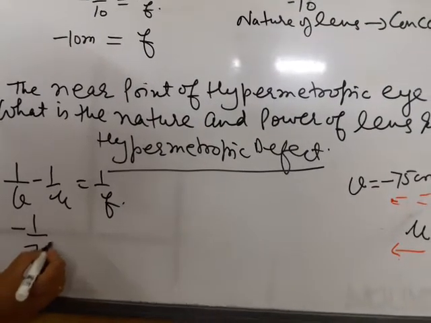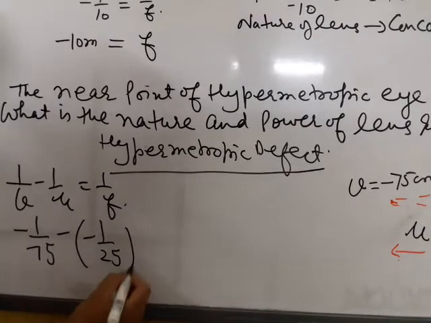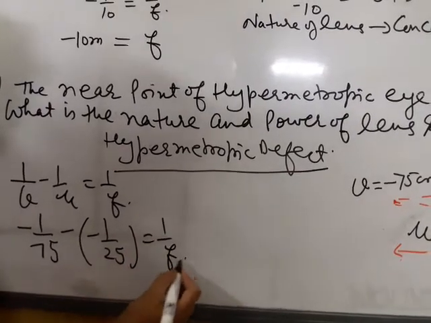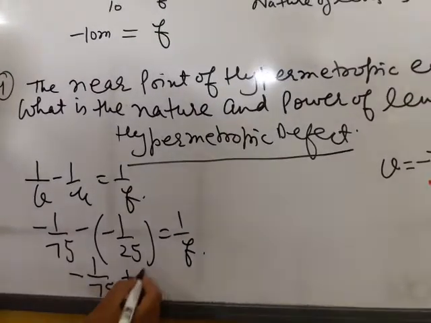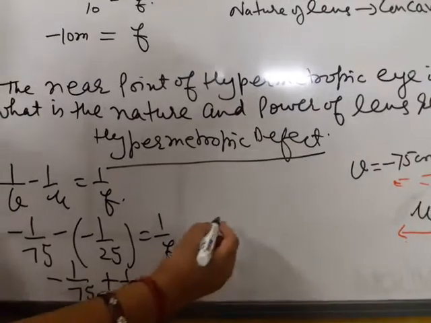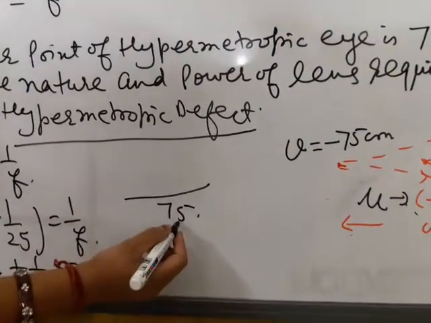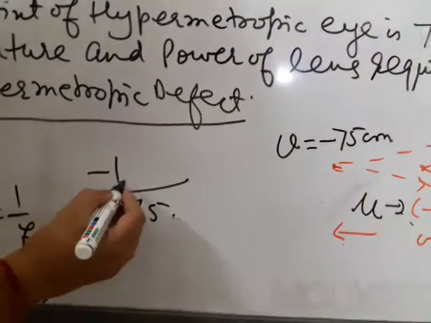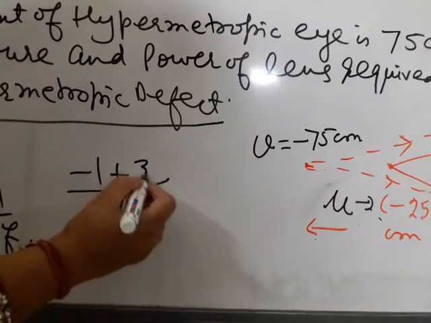Minus 1 upon 75 minus 1 upon minus 25 is equal to 1 by f. So minus 1 by 75 plus 1 by 25 is equal to 1 by f. LCM is 75. 75 divided by 75 is 1, so minus 1. 75 divided by 25 is 3, and it is plus 3.